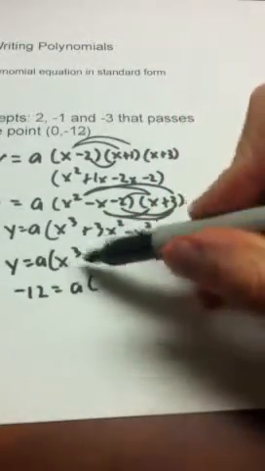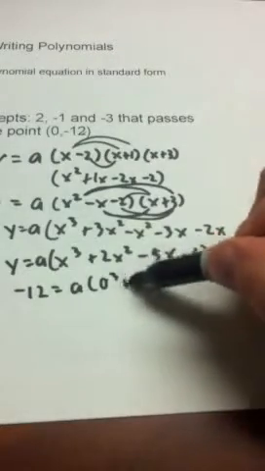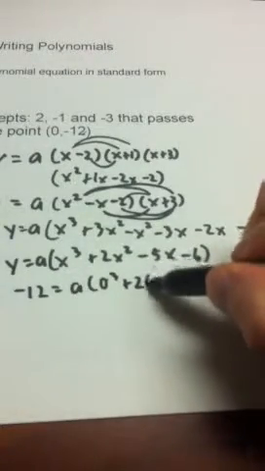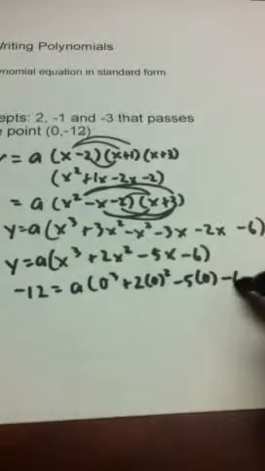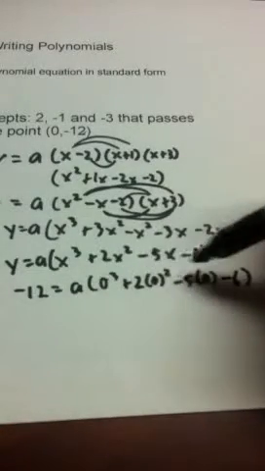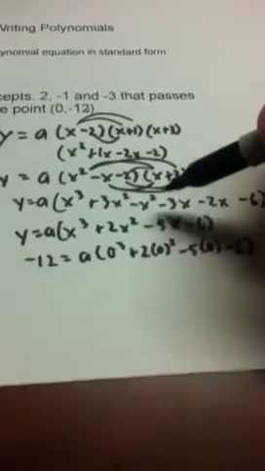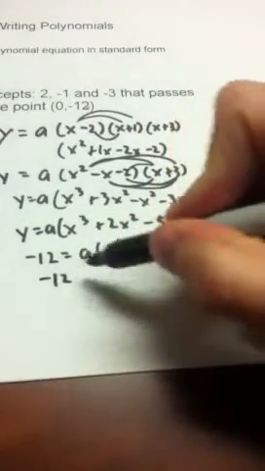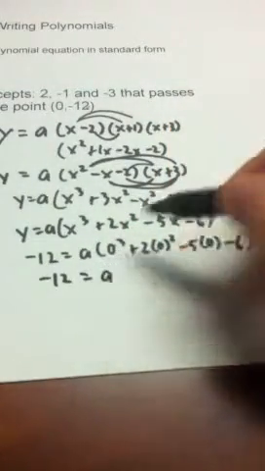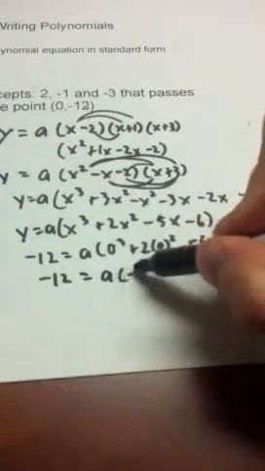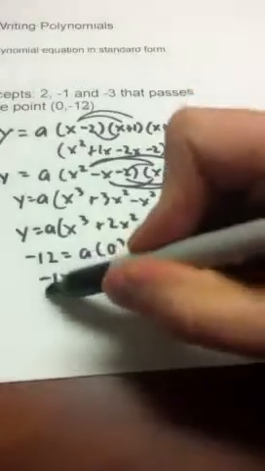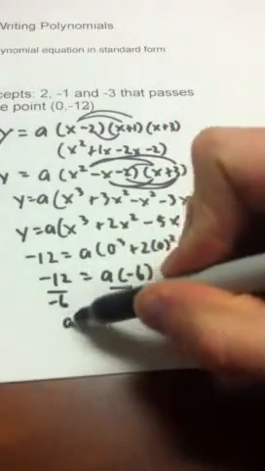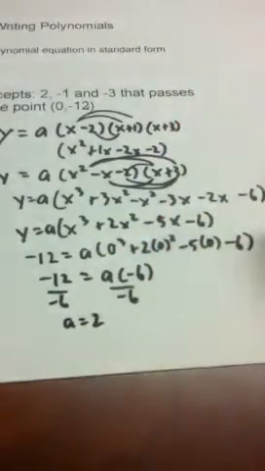You get a times 0 cubed plus 2 times 0 squared minus 5 times 0 minus 6. All these with the zeros go to 0. So I get negative 12 equals a times negative 6, divided by negative 6. And a equals 2.